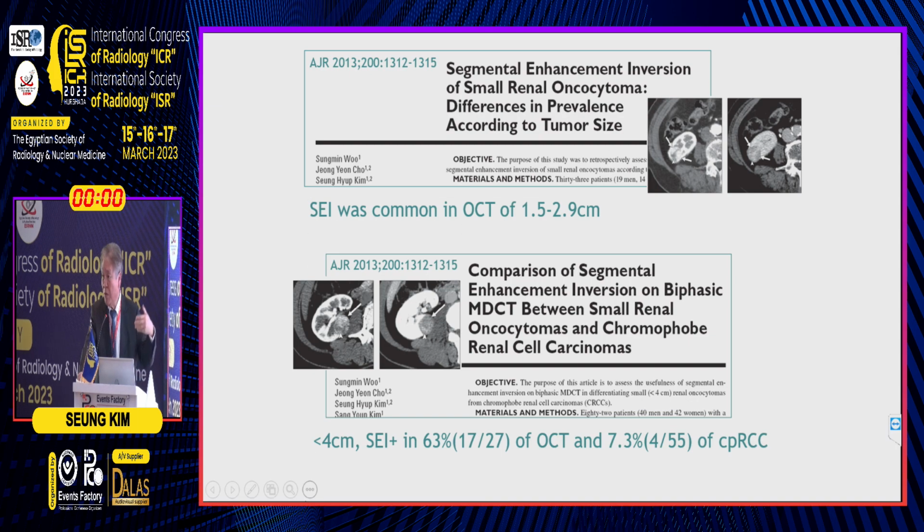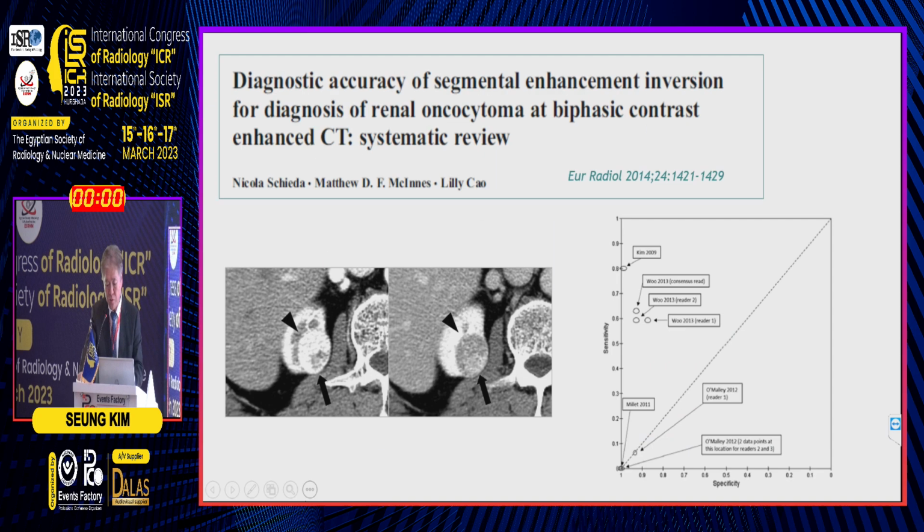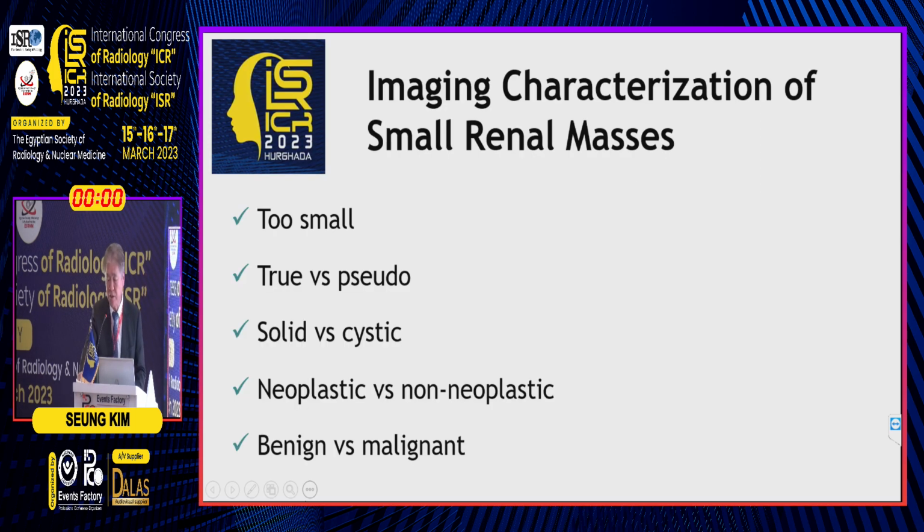Our team continues to report that it's true if the mass is small, and usually not true if the mass is large. One systematic review showed that it has a high specificity, but sensitivity differs: high if the mass is small, and low if the mass is large.